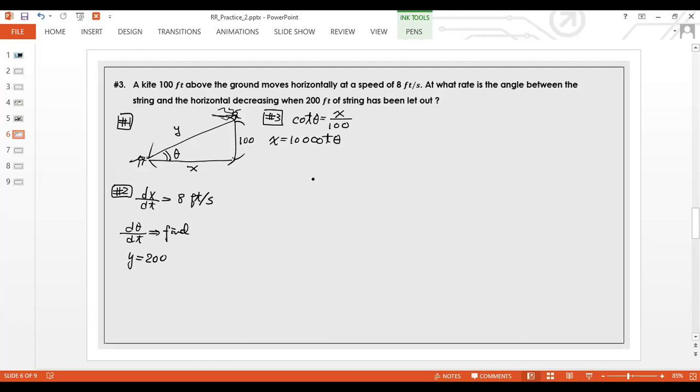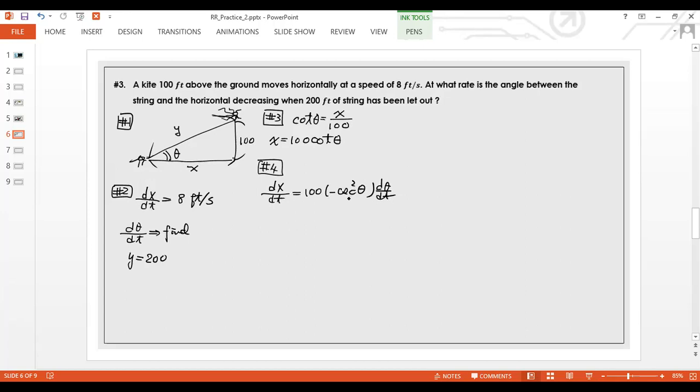Now after that, the next thing, it's easy. I say dx/dt is equal to 100 times the cotangent derivative. What is the cotangent derivative? It's negative cosecant squared theta, right? And don't forget the d theta/dt here.